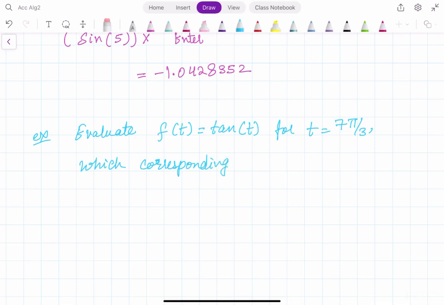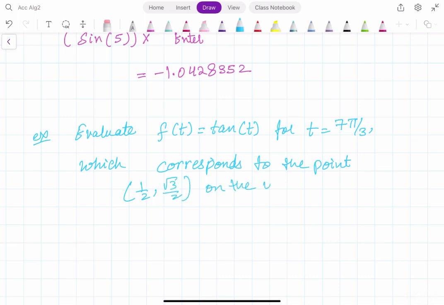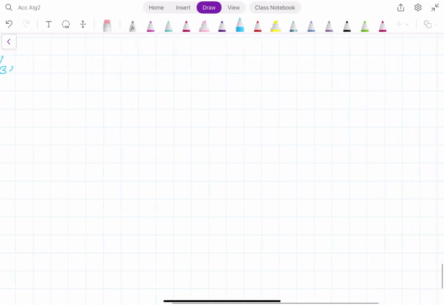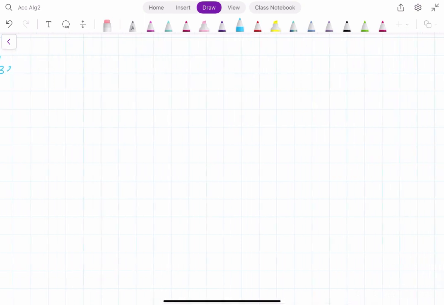It also says which corresponds to the point 1/2 comma radical 3 over 2 on the unit circle. So if you know how to make a unit circle, you know what they are talking about: 1/2 comma radical 3 over 2. What pi radians or what degree are they talking about?